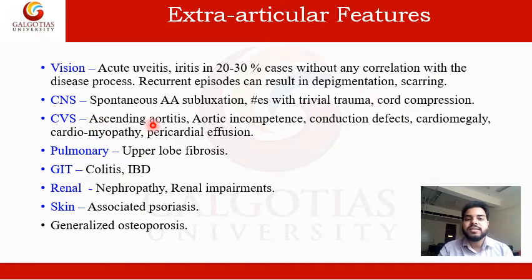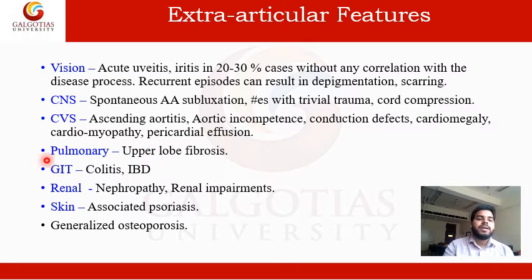In the central nervous system, there can be spontaneous subluxation, fractures with trivial trauma, and cord compression. In the cardiovascular system, there is ascending aortitis, aortic incompetence, conduction defects, cardiomegaly, cardiomyopathy, and pericardial effusions.